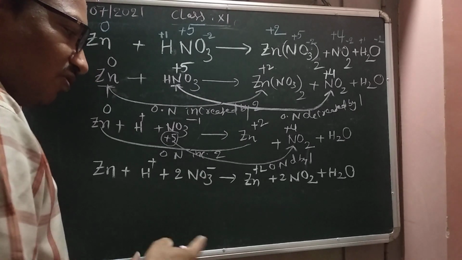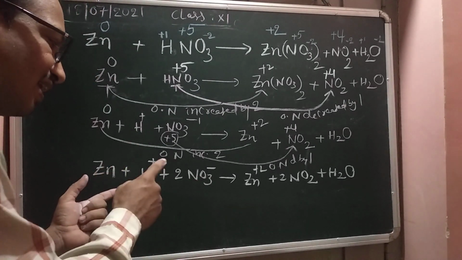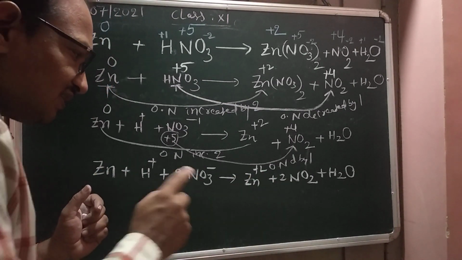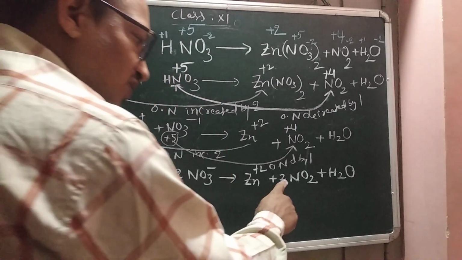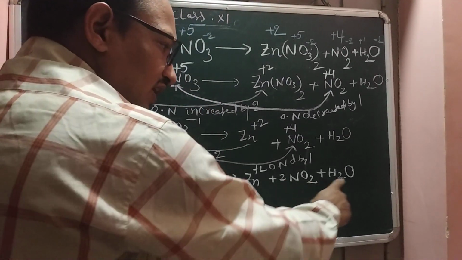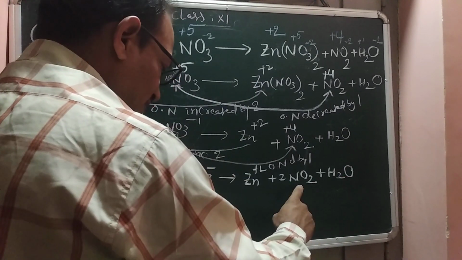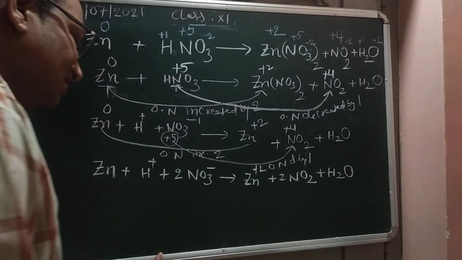Now the remaining elements I should balance. Other than hydrogen and oxygen, the remaining elements are balanced. Now I am going to balance the oxygen atoms. See here 2 into 3 is 6 oxygens on this side. On this side, 2 times 2 is 4, plus 1 is 5 oxygen atoms.